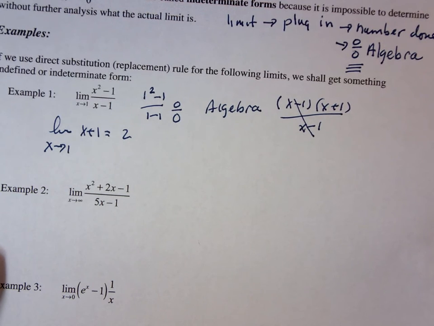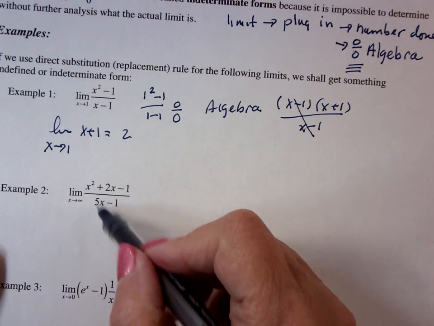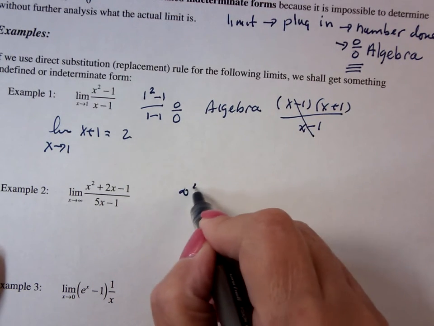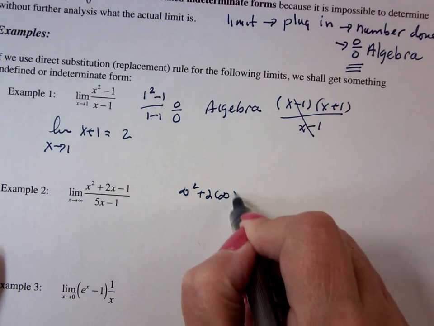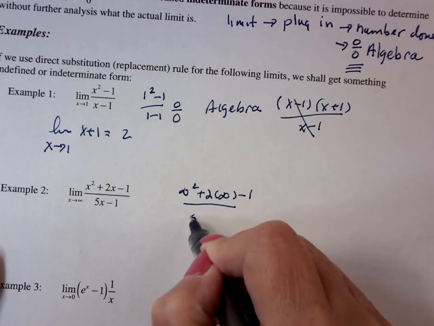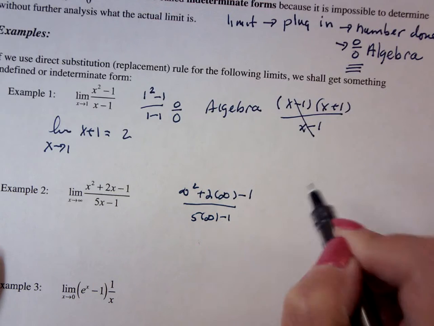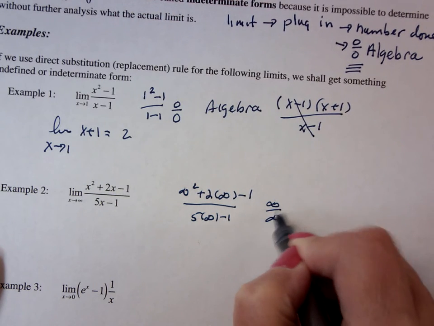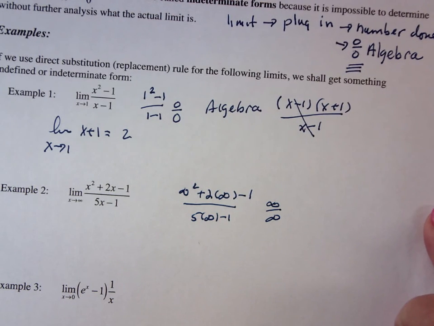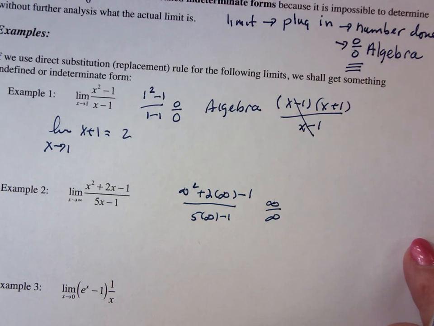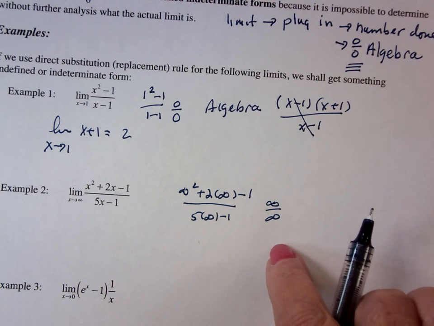With this guy, remember, we're looking at this. This would be infinity squared plus 2 times infinity minus 1 over 5 times infinity minus 1. I get infinity over infinity. But it wasn't 1. And we really didn't have a means to deal with infinity over infinity.